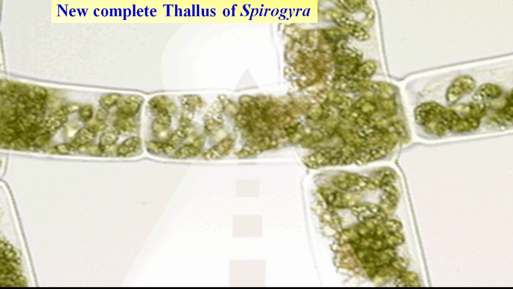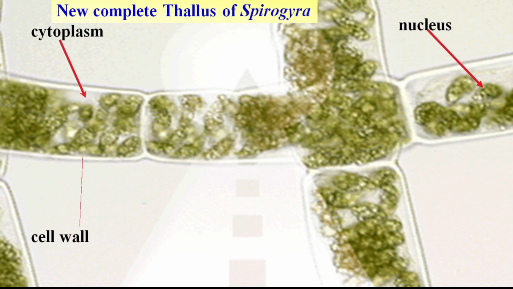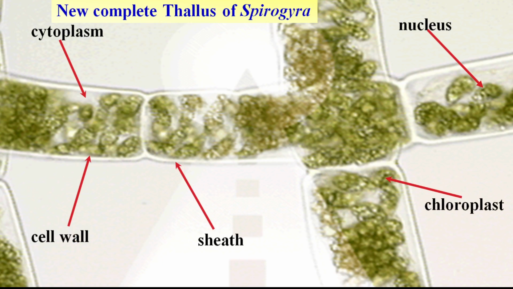All the structural details can be observed in this new thallus: the nucleus, the cytoplasm, and the cell wall, which is more distinctly found under microscopic observation. The mucilaginous sheath is there. Of course, the chloroplast is the characteristic feature, spirally present, and the pyrenoids, which are the starch synthesizing units, are well defined in this filament.